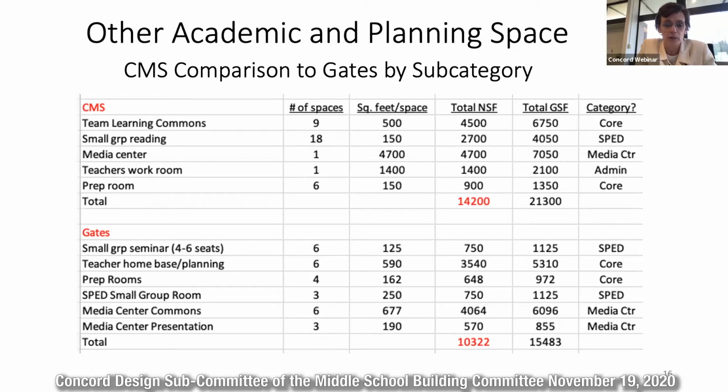Their media center, while it says that, those of us who've been there know that that really means they have books on shelves out in the common team learning commons and in the hallways. So I'm hesitant to call it a media center. It's not at all a media center. It's books spread out around the building.